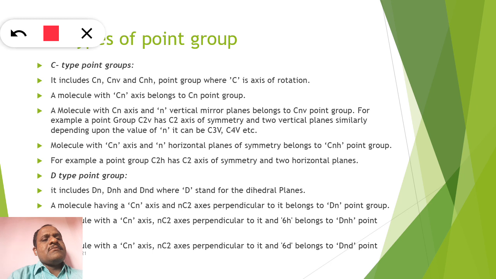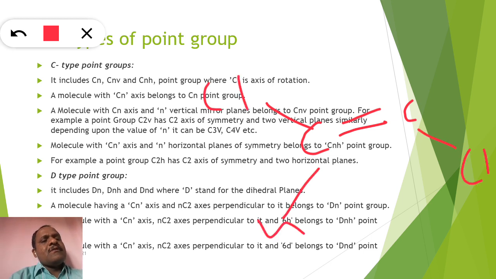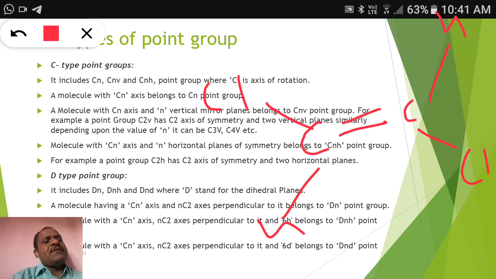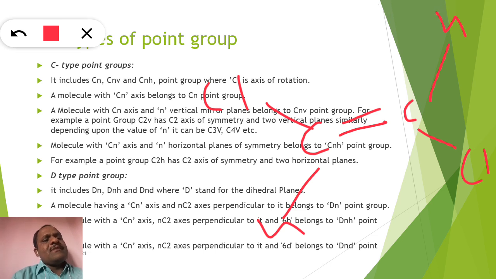Suppose I have this type of compound, 1,2-dichloroethene. Or instead, we can take the example of ethene.